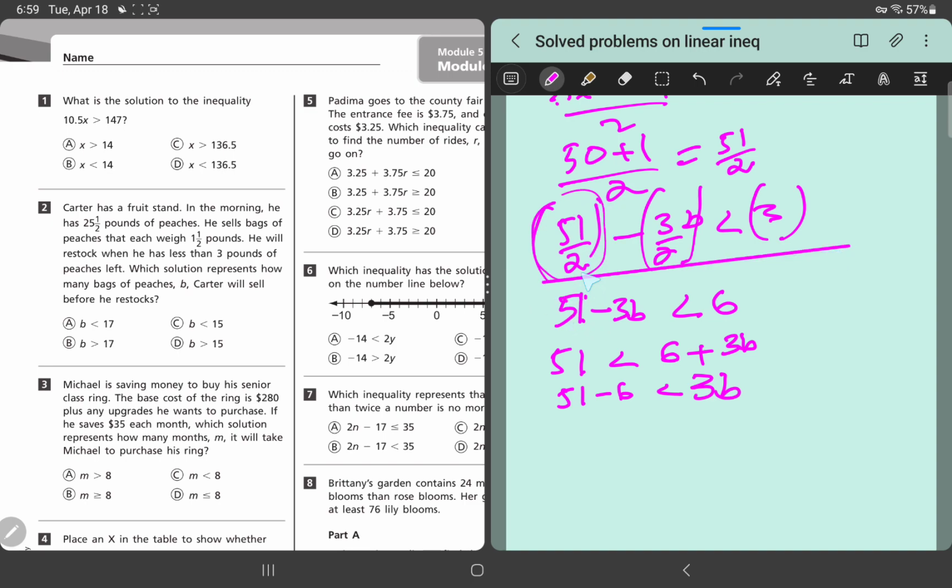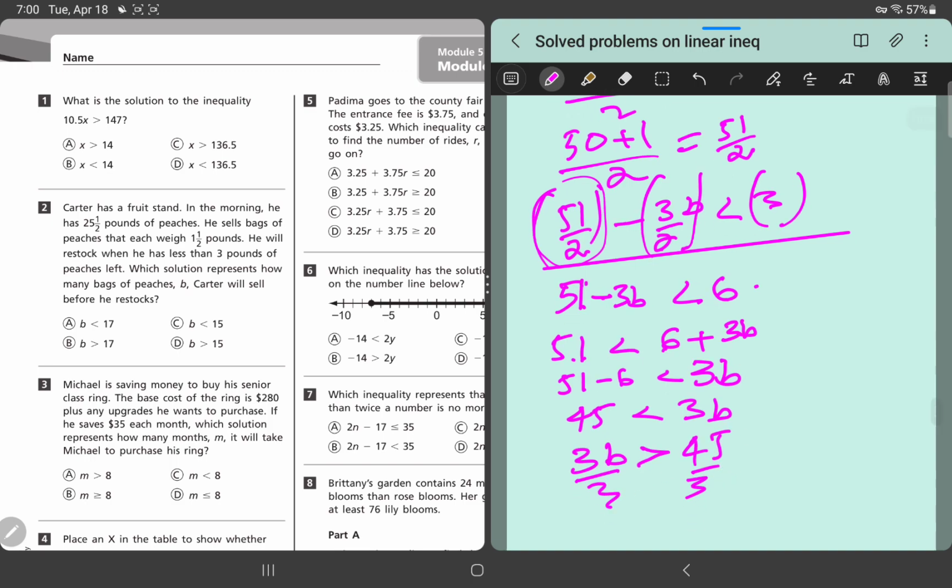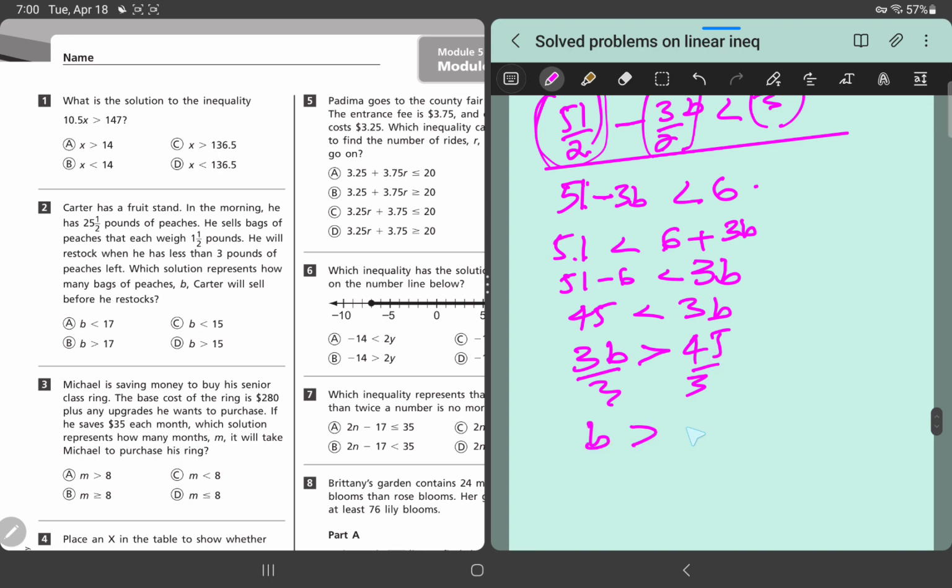This becomes 51, the 3 over 2 b becomes only 3b, and 3 becomes 6. So 51 minus 3b less than 6. When you take the minus 3b to the other side, it becomes plus, and when you take the 6 to the other side, you get 51 minus 6 less than 3b. 51 minus 6 is 45. So 45 less than 3b, meaning 3b is greater than 45. Dividing by 3, your b is greater than 15.